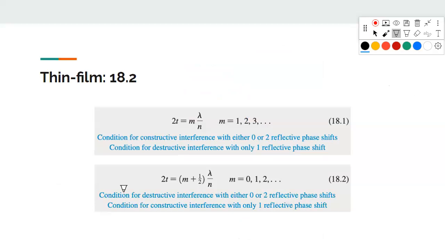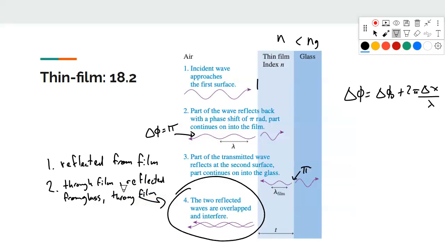So here, confusingly, T is the thickness. I really hate this notation. I wish they would have used, I don't know, D or L. But T is the thickness of the thin film. So if you get your ruler out and you measure this distance, that's T.